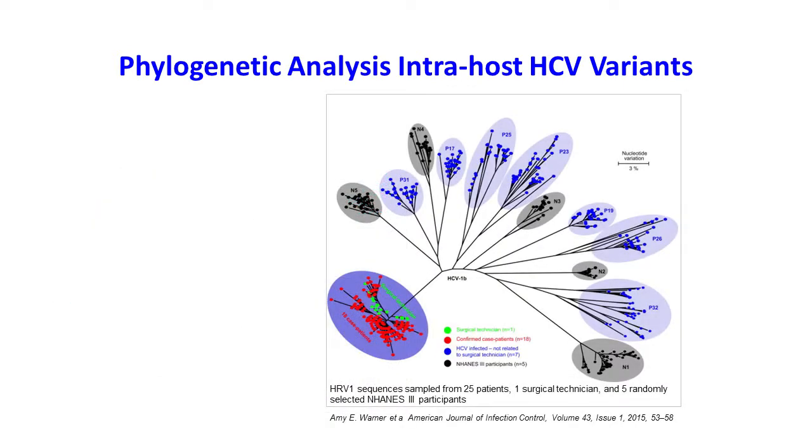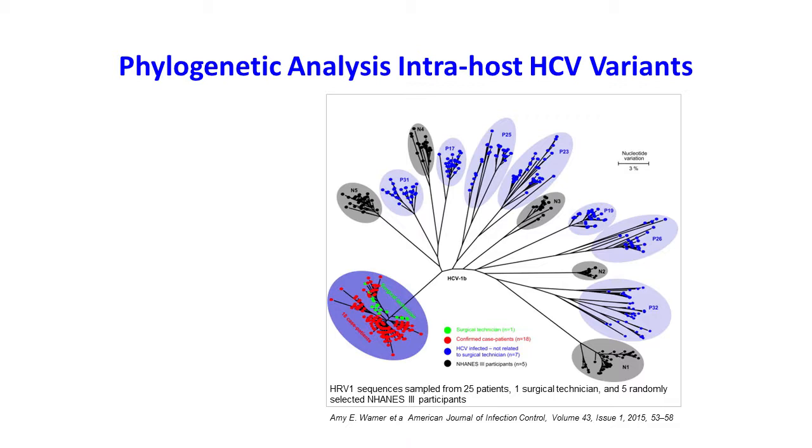The power of this technology in establishing any transmission is shown within this study. The HVR1 sequences shown in green are from a surgical technician who was diverting drugs and in the process had infected more than a dozen patients. This is shown where the green sequences are intermixing with the sequences from infected patients, as shown in red here.